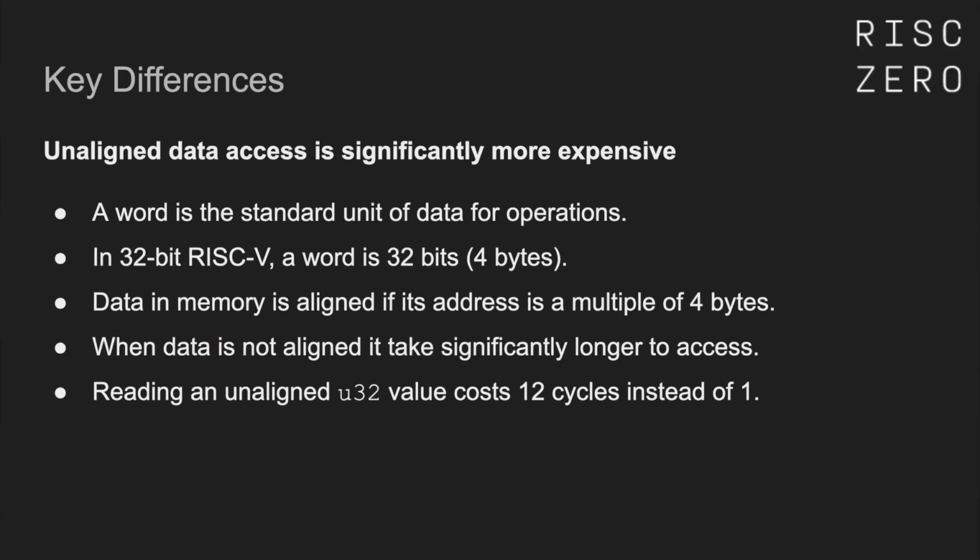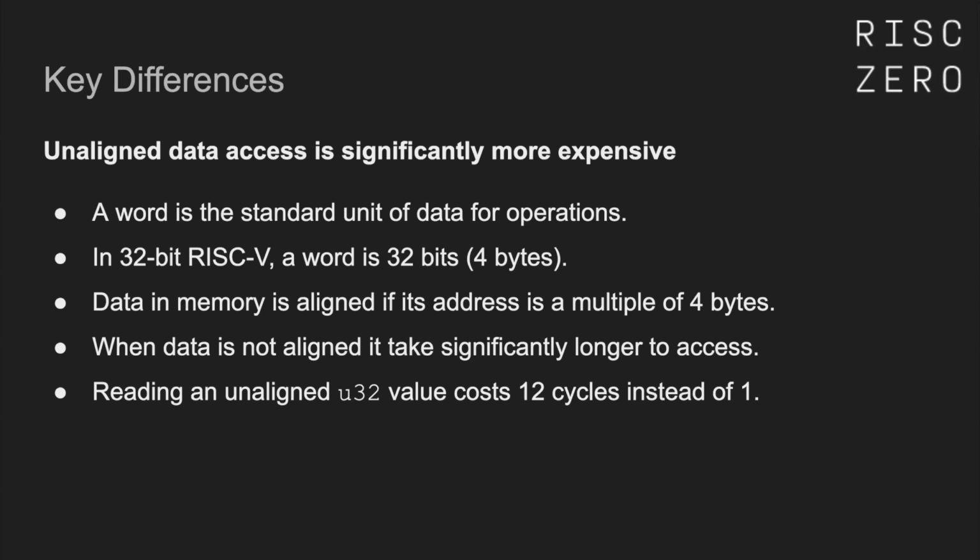In a 64-bit ISA, like x86_64 or AMD64, which is what most Intel processors are nowadays, you end up with a word size or pointer size of 8 bytes instead. But basically there's this idea of a standard unit size of operation, which in the case of RISC-V is 4 bytes.